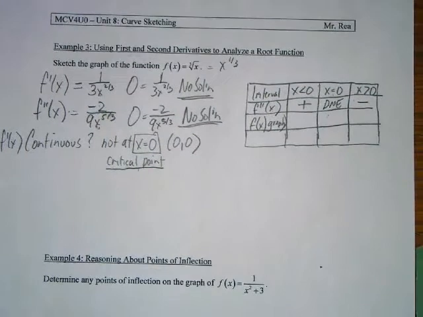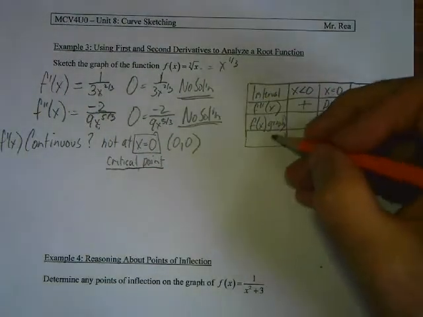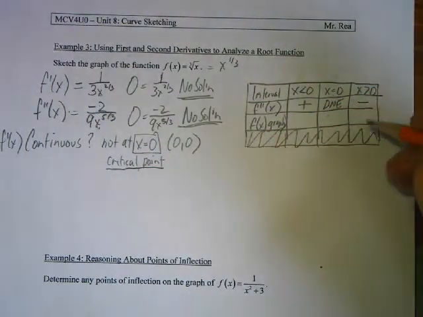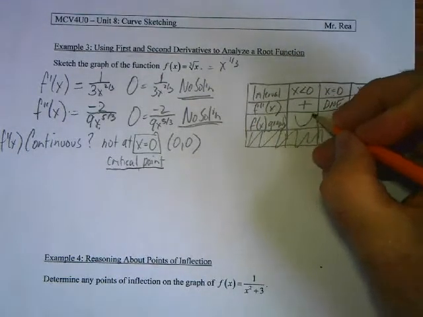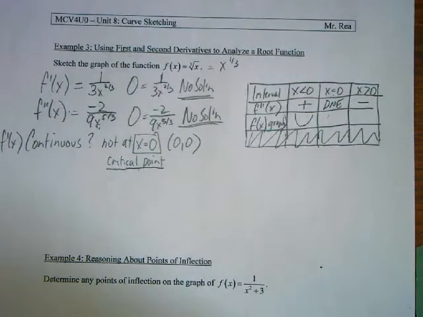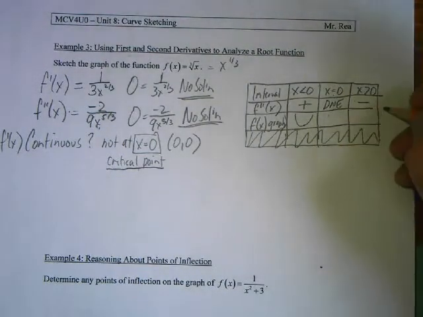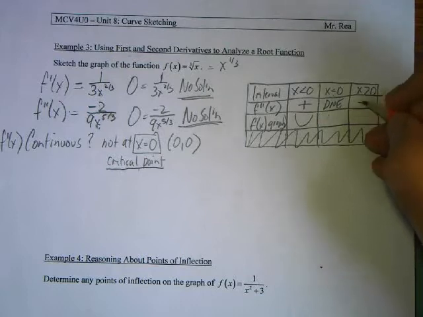Okay, so in terms of the graph, I'm not going to do that third row. The graph, since the second derivative is positive, it's concave up. So I'm just skipping that one. And here, since it's negative second derivative, it's concave down.